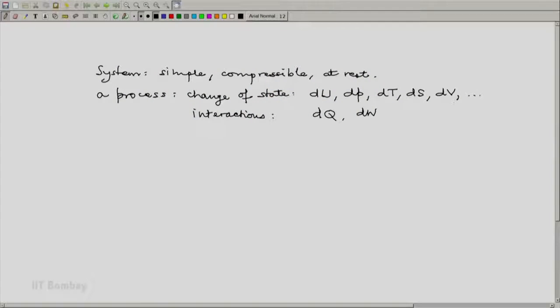First, the change of state can be related by the property relation. So, the first relation is the property relation, and that relation is TdS equals dU plus PdV.